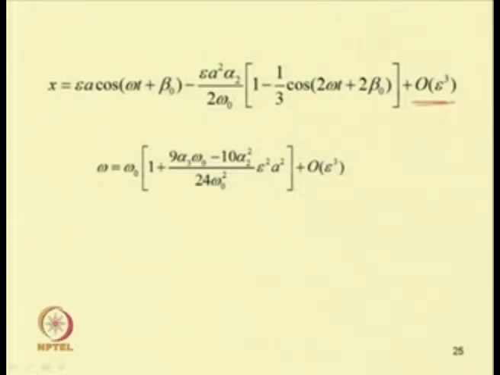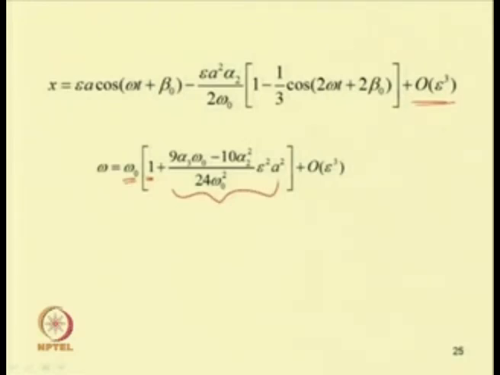Or we can write this omega equal to omega 0 into (1 plus (9 alpha 3 omega 0 minus 10 alpha 2 square) epsilon square a square by 24 omega 0 square). So, we have taken omega 0 common. For linear systems only this 1 is there, and for nonlinear systems, this is the part added to the frequency of the system.